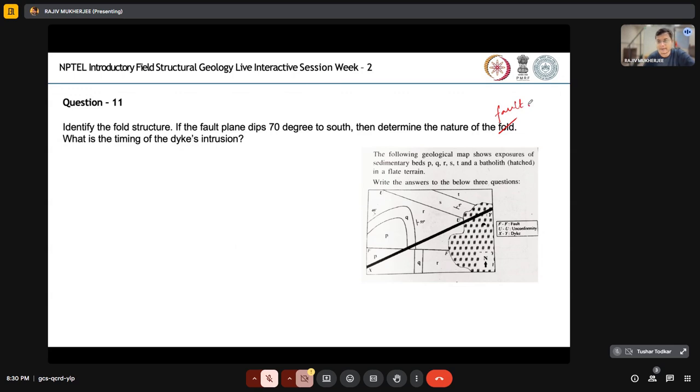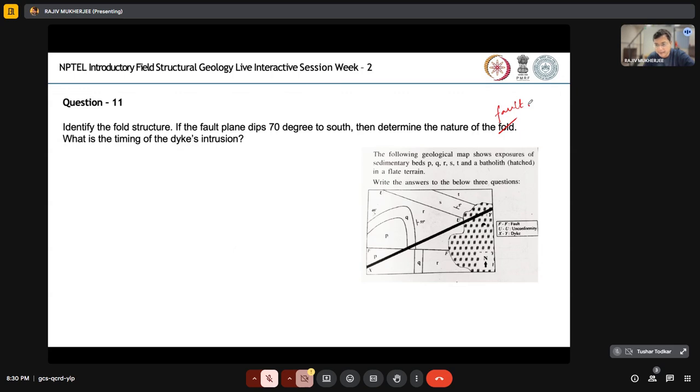And in the map, you are seeing that the following geological map shows exposures of sedimentary beds PQRST, right? And a batholith that is hatched, in a flat terrain. Then there is a dike XY, F-F fault, and U is the unconformity, right?